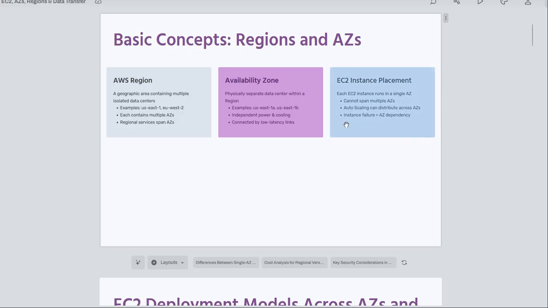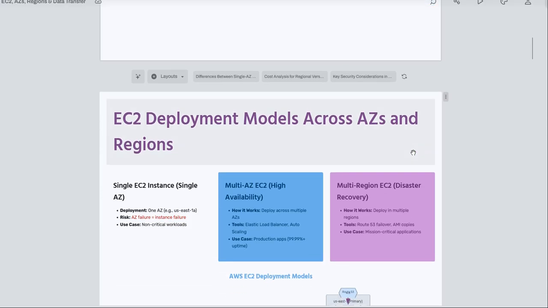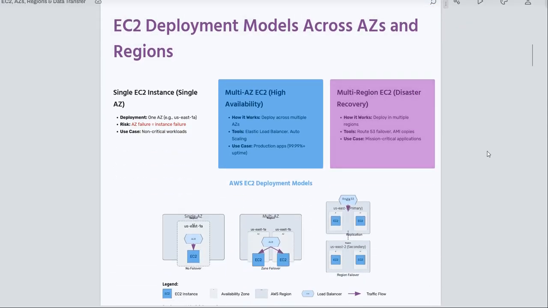If not, an instance fails, so there is always availability zone dependence in EC2. Let's have a look at the EC2 deployment models across availability zones and regions.